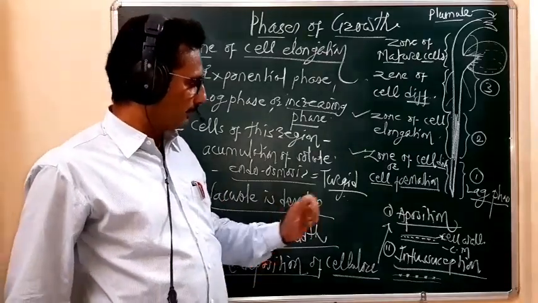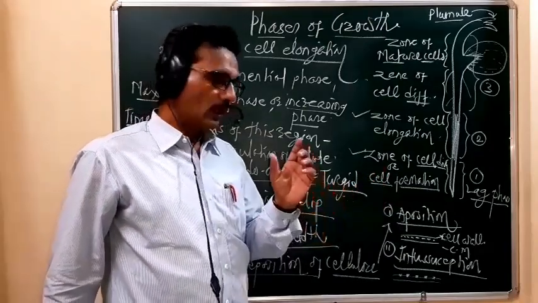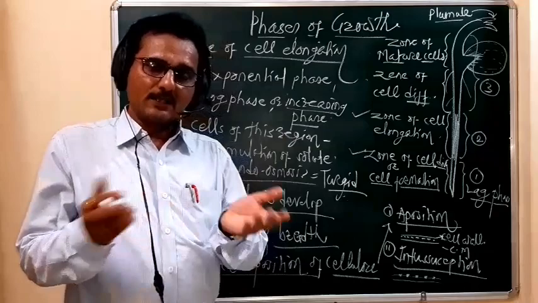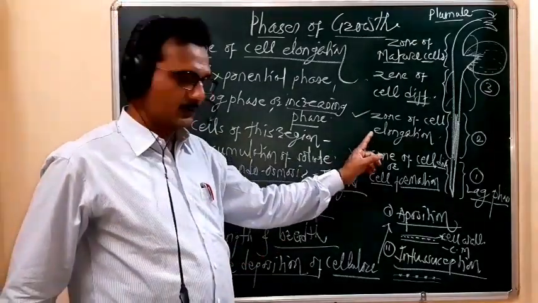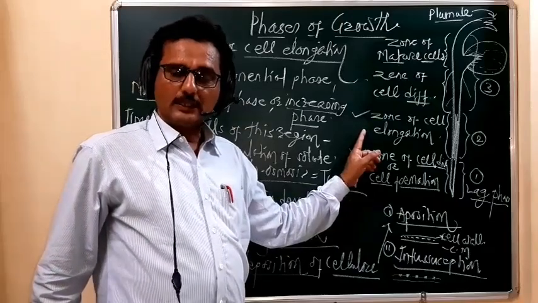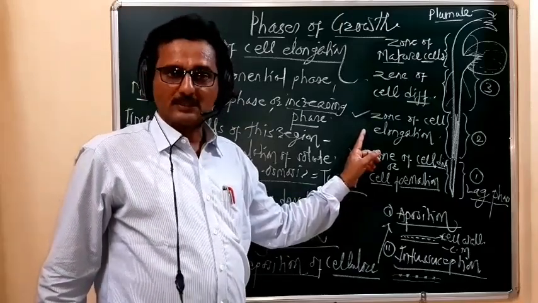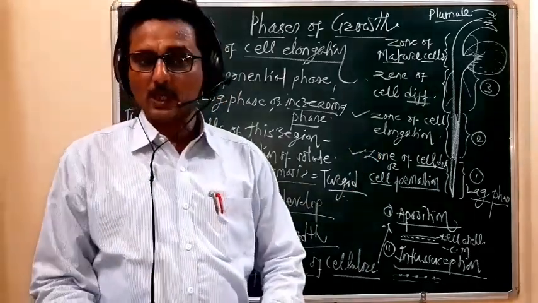What we saw previously in the zone of cell division is that growth is minimum but the time requirement is maximum. But in the zone of cell elongation, growth is maximum but the time requirement is minimum.